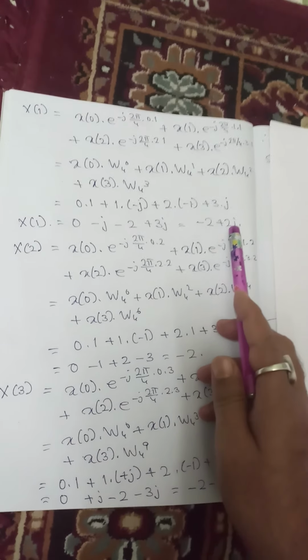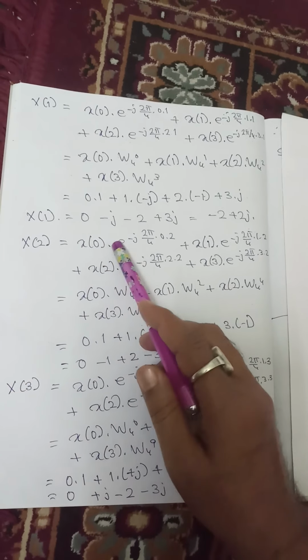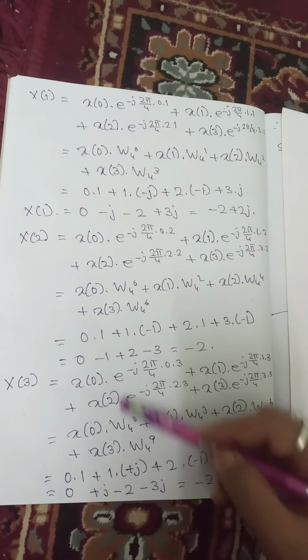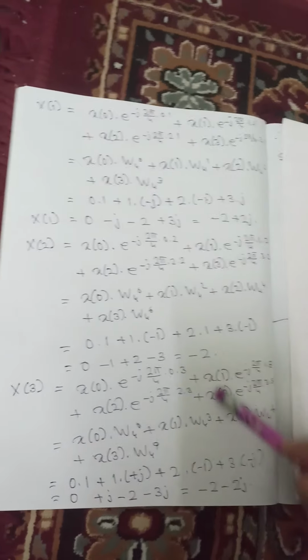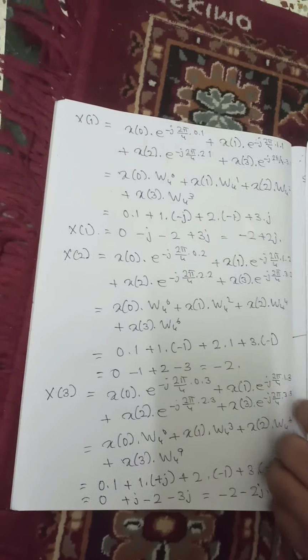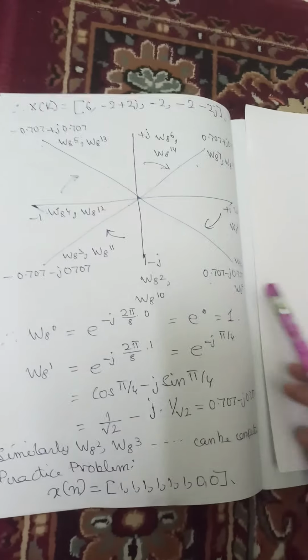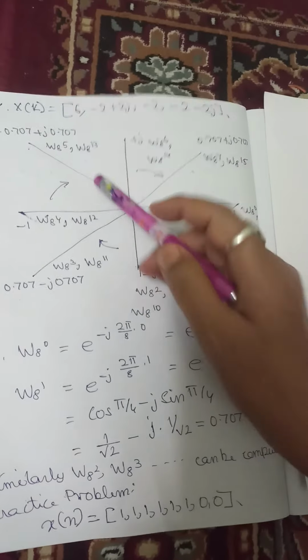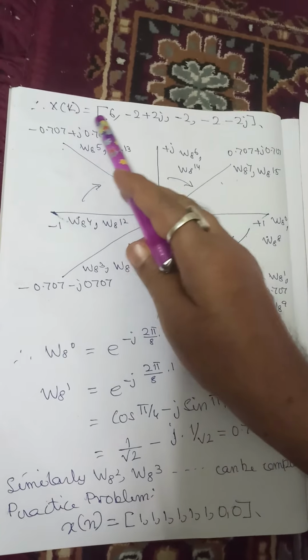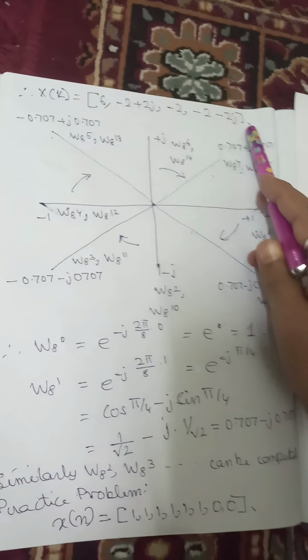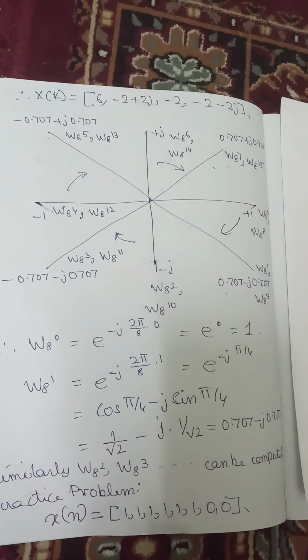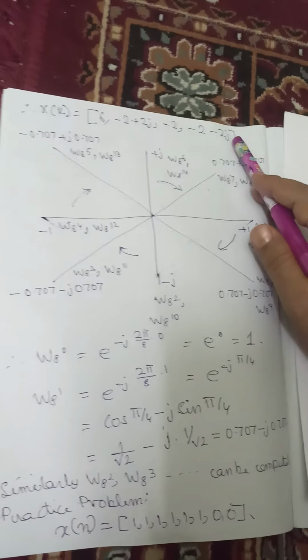I put the values in and get the results. Similarly, I have computed X[2] and X[3]. I think it is quite clear to you. So from there I can conclude the X[k] sequence is like this. So this is for 4 point.